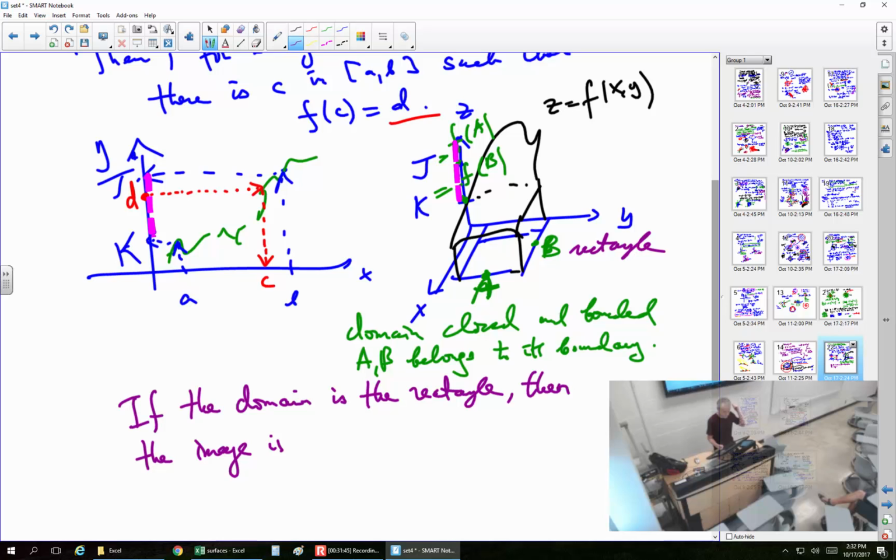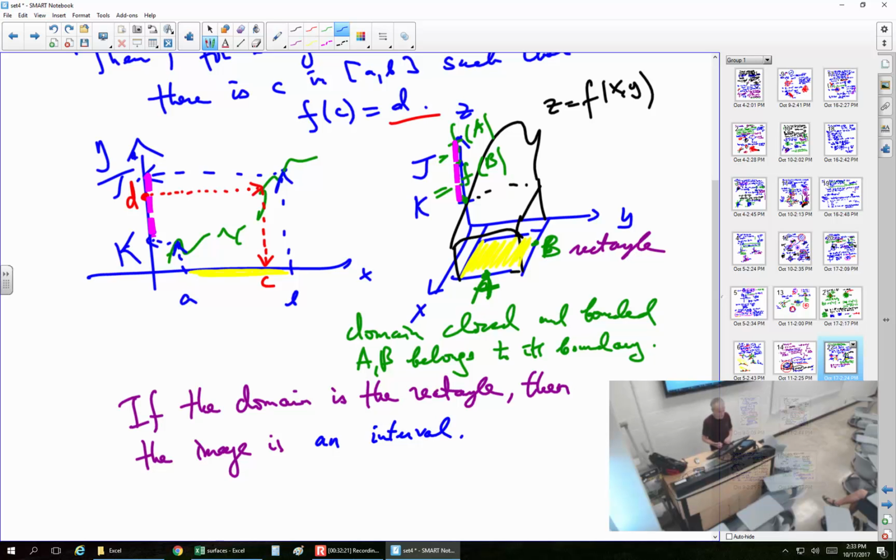Look at the picture. So this is the domain, and this is the domain now. They are different, right? We replace the domain being an interval with the domain being a rectangle, but the image is the same. The image, on the vertical axis, is in either case an interval.